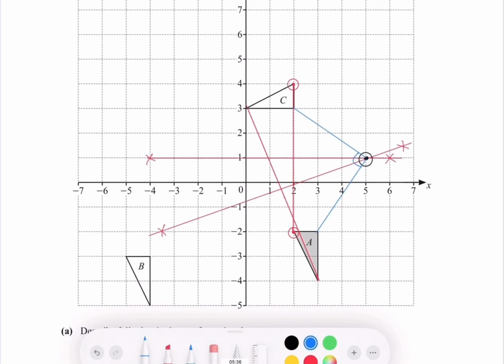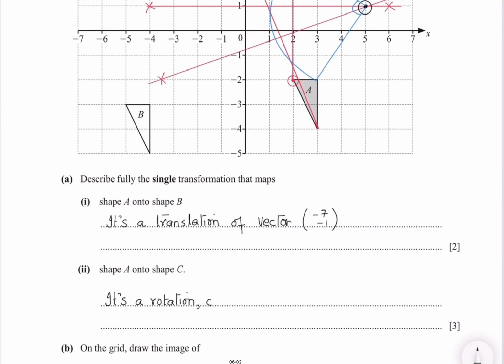Now place your compass on the center of rotation and open it towards A and then move it towards C. So you are moving clockwise. Everything has been found out. Now you can write it. It's a rotation 90 degree clockwise about 5,1. So this is the full description.